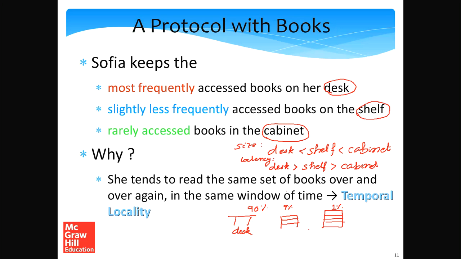Which sounds reasonable. This is typically the way that we organize things. So even in a kitchen, this is exactly what we do. On a kitchen countertop, we have very commonly used ingredients, for example, salt and sugar. Then we have a small shelf, or we have a refrigerator which contains other items which cannot be kept on the countertop because of space.